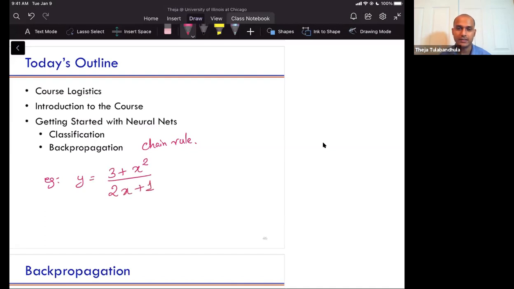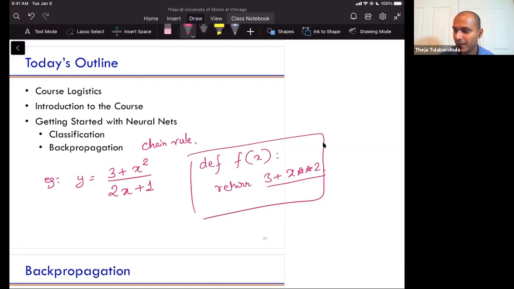Let's say this is a function, right? Given any value x. So I can define it as a function in Python: define f, given x, you can just return, and do all these operations, 3 plus power, like star 2. There's some way you can specify it. Let's not worry about it. So this is just a function, right?